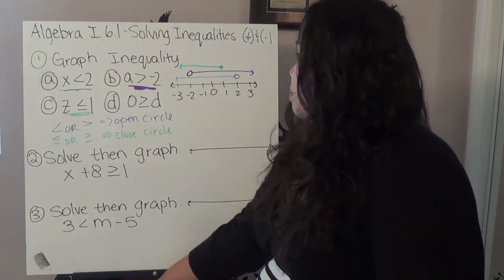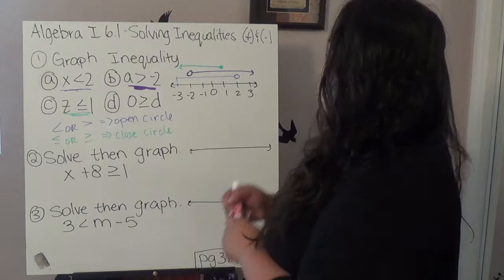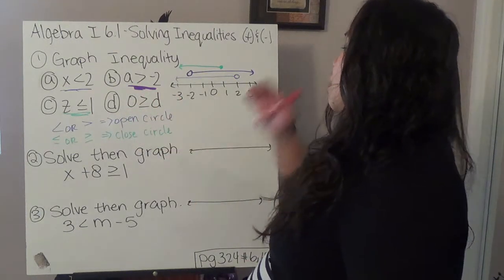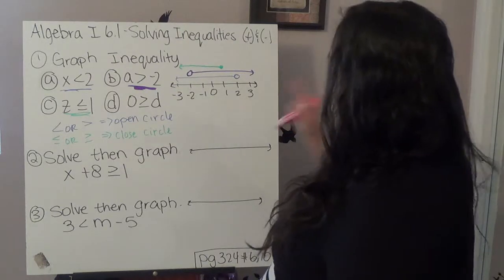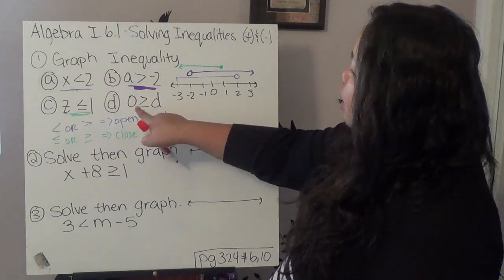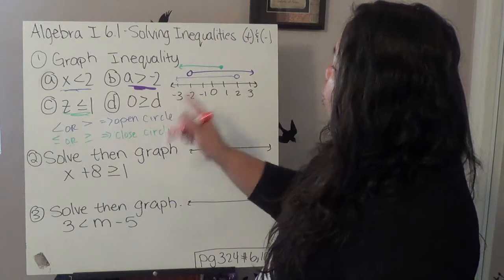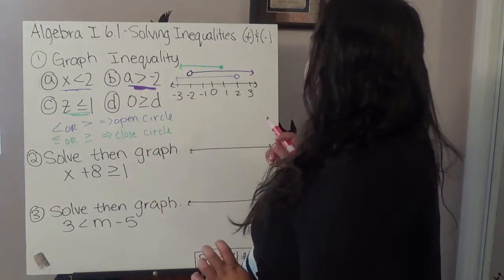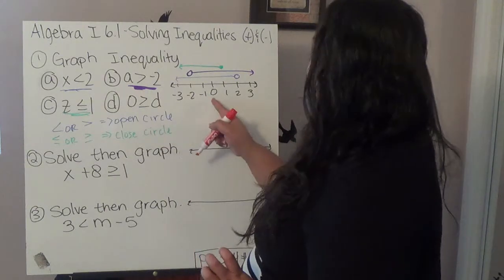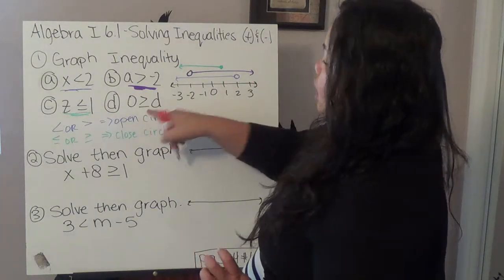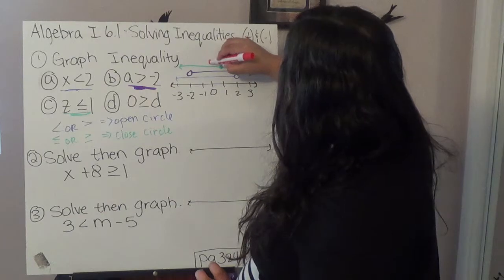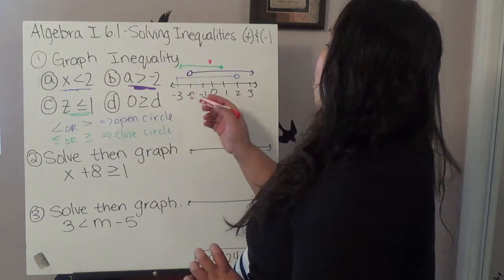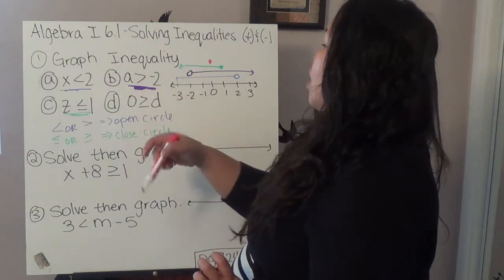And my last one is 0 is greater than or equal to d. So that means d can be all numbers 0 or less. So 0 is found right here, and because it has a line underneath, we're going to do a closed circle.